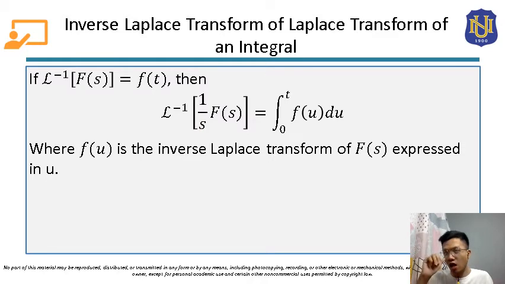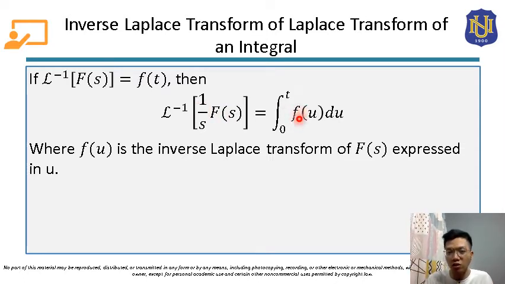So if you have a given F of s and you can factor out 1 over s from it, and you can express it as 1 over s times F of s, automatically we will use this equivalent, wherein f of u is the inverse Laplace transform of this F of s, from which 1 over s was already factored out.